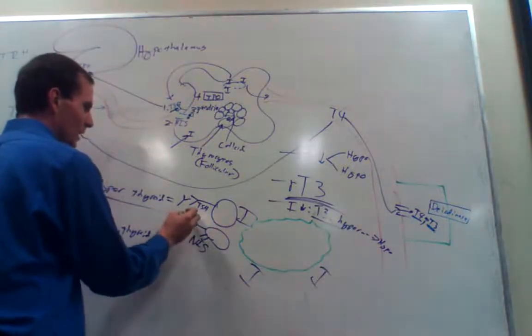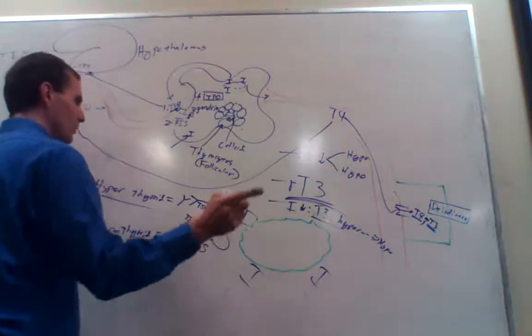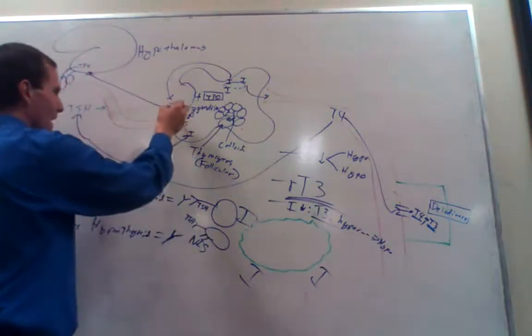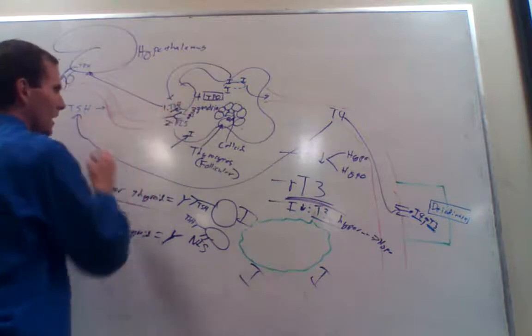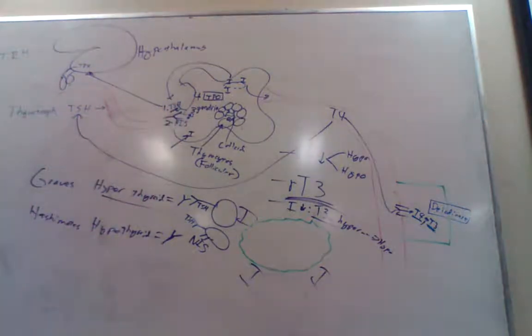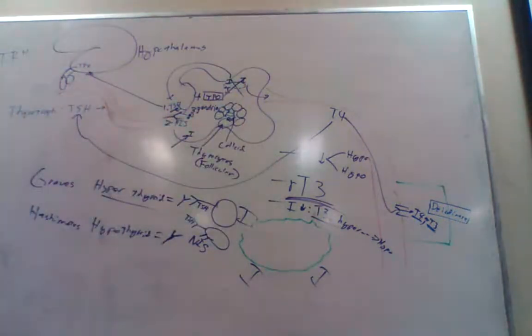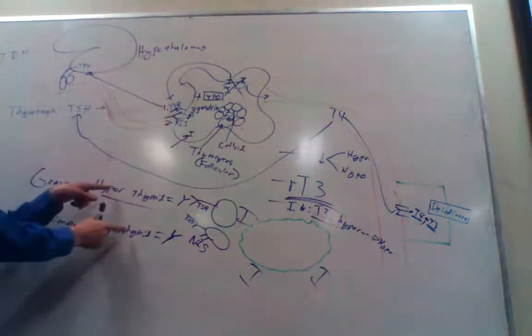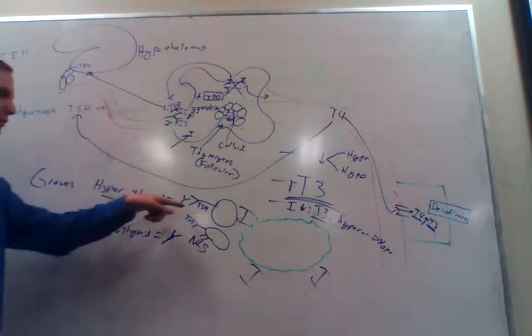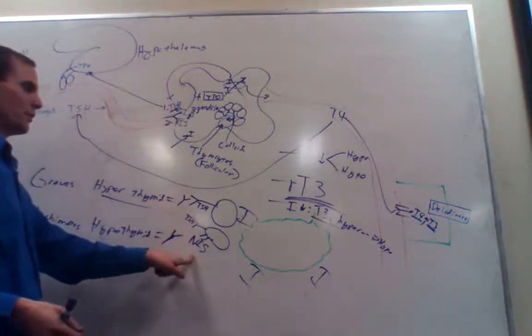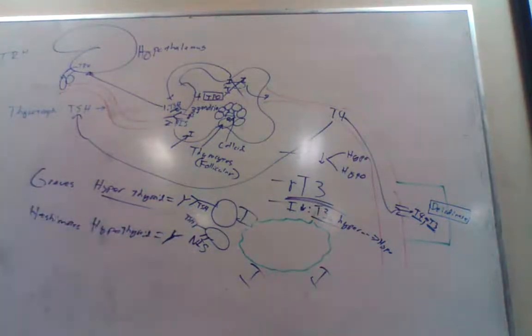And so even if thyroid stimulating hormone comes and says, open that door, you've got a big fat antibody over it. And you let in virtually no iodine. And that means you can't make nothing. So they are both autoimmune. One is versus the TSH receptor. One is versus the NIS transporter.